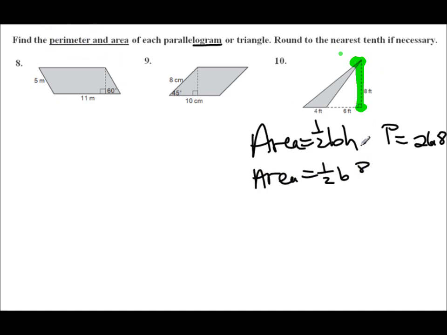Now the base, remember I said that the base and the height were always perpendicular to each other? Well, we're going to pretend that the height was drawn over here because the base of a triangle has to be on the triangle. So the height is 8, but the base is 4. So the area is going to equal 1/2 times 4 times 8. So the area is going to equal 16 feet squared.